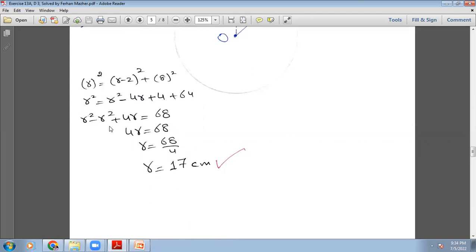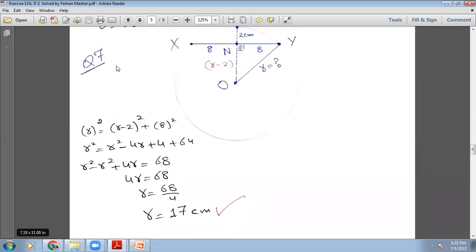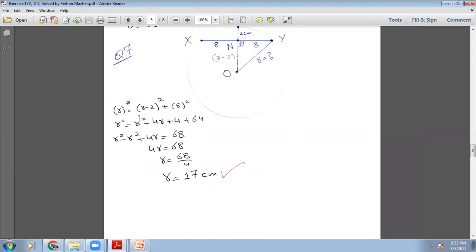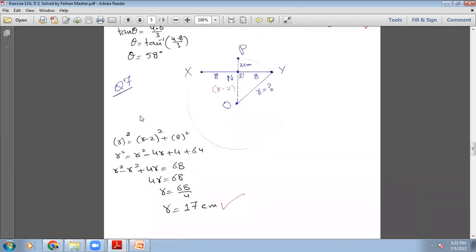So R square and R square will be cancelled. So you will have 4R equals 68. R equals 68 divided by 4, and R will be equal to 17 centimeter. So the radius of this circle will be 17 centimeter, and I hope you have understood the tricks involved here.